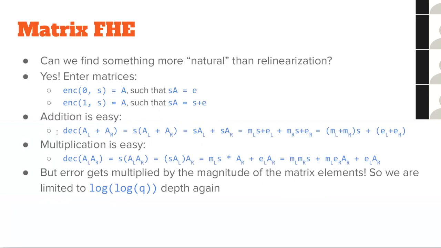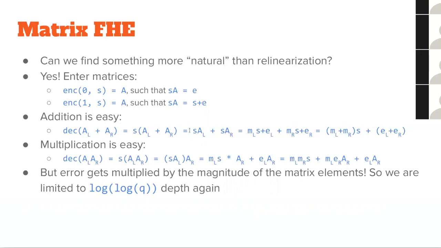So addition is easy, right? If you add together 2 matrices, where SA equals something, with a matrix where SA equals something else, then S times AL plus AR is just going to be whatever the value is for the first one plus whatever the value is for the second one, right?